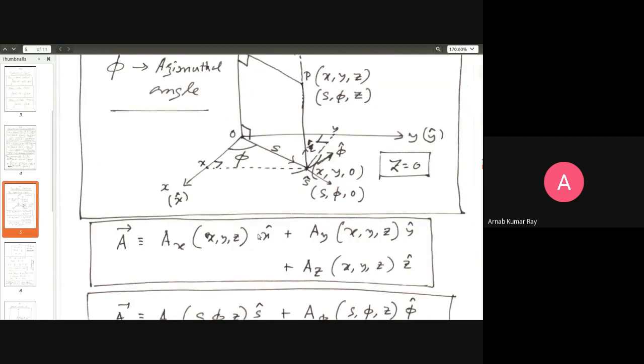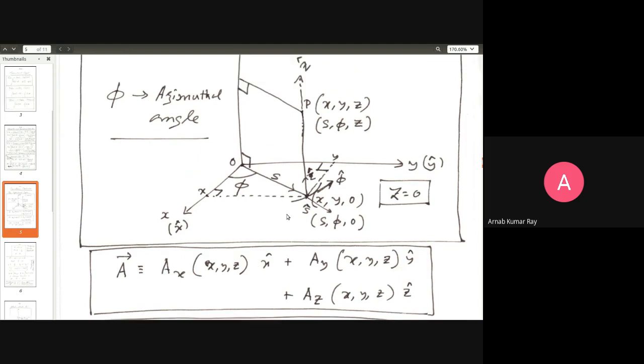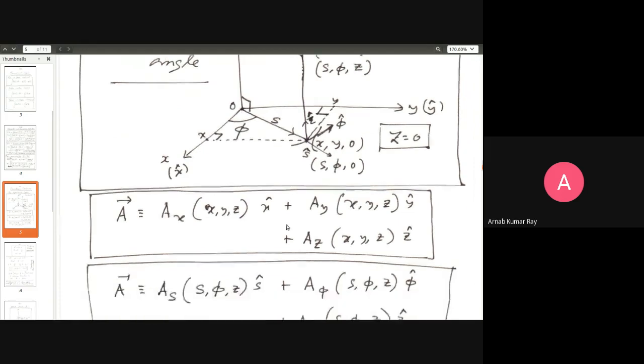So let us now look at certain properties, certain coordinate transformations, as we go from one coordinate system to another. First, I have written a vector A, capital A, in terms of the Cartesian system. It will have an x component, a y component, and a z component: A_x(x,y,z) x cap, plus A_y(x,y,z) y cap, plus A_z(x,y,z) z cap.